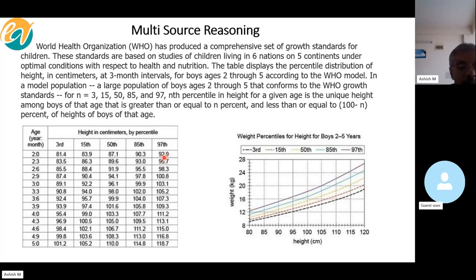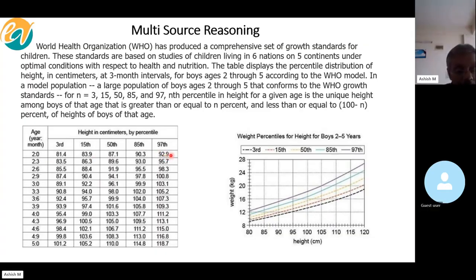So basically the lowest height being 81.4, and the highest being 92.9. Now, that's not the lowest, by the way. Let's actually start with the 97th percentile. What does it mean? It means, Shivan, that for a child of 2 years of age, if that child's height is 92.9 centimeters, that child is in the 97th percentile for his age in terms of height.